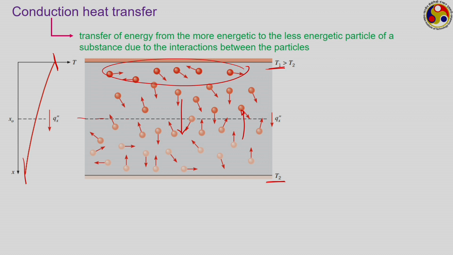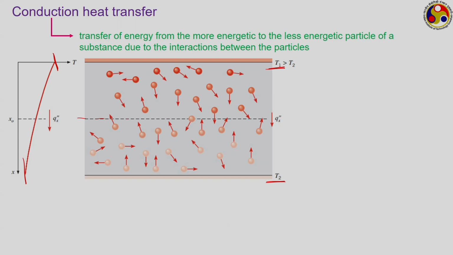Accordingly, a higher amount of energy is transmitted from top to bottom. So, this is what we have in case of conduction, at least associated with gases, where there are two primary mechanisms going on. One is the collision of molecules, and second is the advection or physical movement of these molecules.